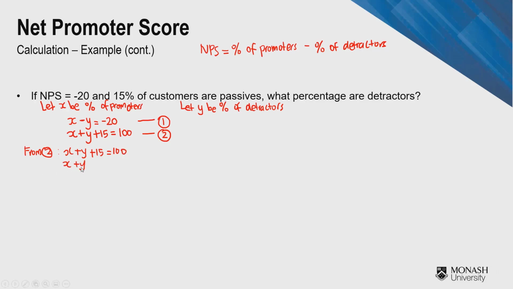X plus Y is giving you 85, because I want to bring the 15 to the other side, so I have to minus 15 from both sides. Let's put in X, which is 85 minus Y. In this case, what they are saying is that the promoters are 85% minus the percentage of detractors. Let's call this equation number 3.